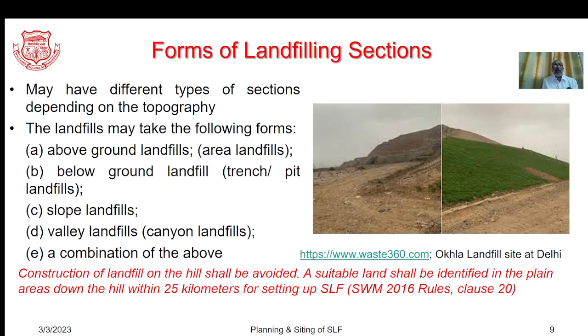Needless to say, being environmental engineers, any combination that one is expecting should not cause any kind of environmental loss, as a basic guideline. So, for example, construction of a landfill on a hill should be avoided.